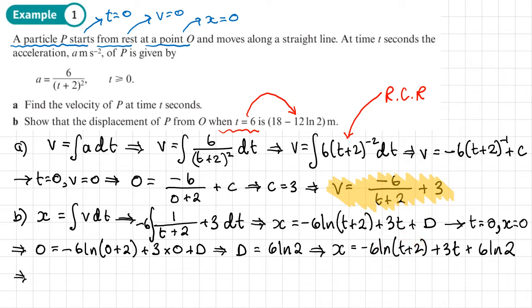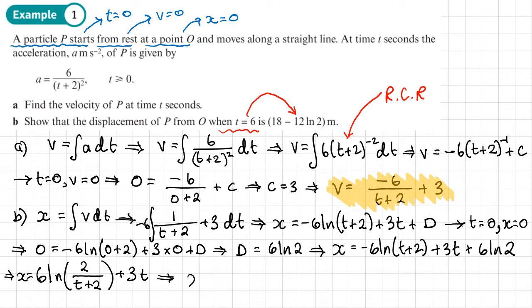So we've got 6 log 2 and we're subtracting 6 log t plus 2. So we can simplify that to 6 log, almost like the 6 comes out as a factor. And because it's the log 2 minus log t plus 2, this becomes 2 divided by t plus 2. So we're just using the rules for logs there, plus 3t. That's my x. That might be just a little bit easier to substitute in my value of t to find x.